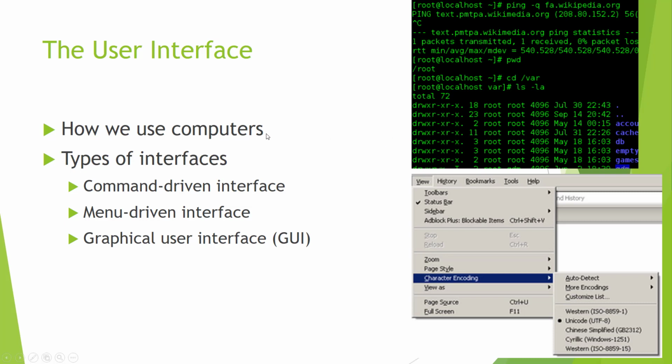So the command-driven interface, when you know how to use it, it is very powerful. However, it is very unintuitive because you have to know the commands that you are using. All right. Now, the big benefit to this is it's a very easy system to automate, right? As long as you know the commands, you can create a file which basically says, run this command, then this command, then this command, then this command, then this command.